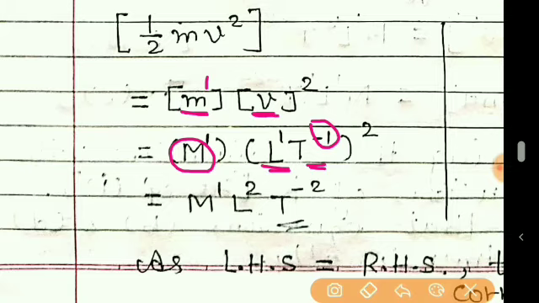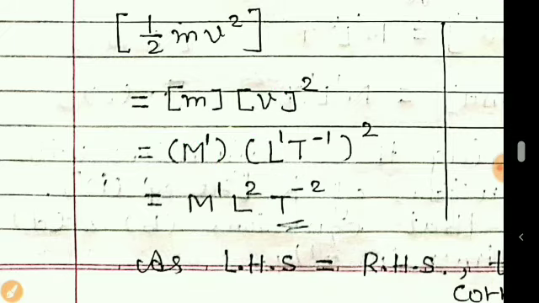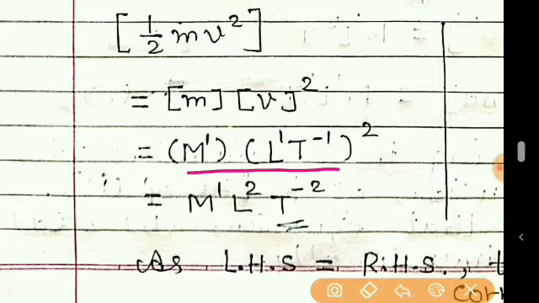We have already seen what the dimension of velocity is in earlier examples. So we have written here distance upon time. For distance we have used L. Now combining these two and writing the final result in terms of M, L and T. M has power 1, so we have written here 1.